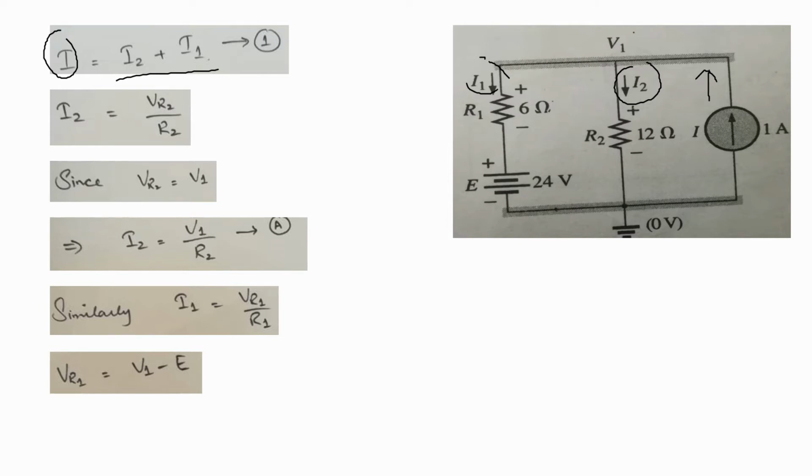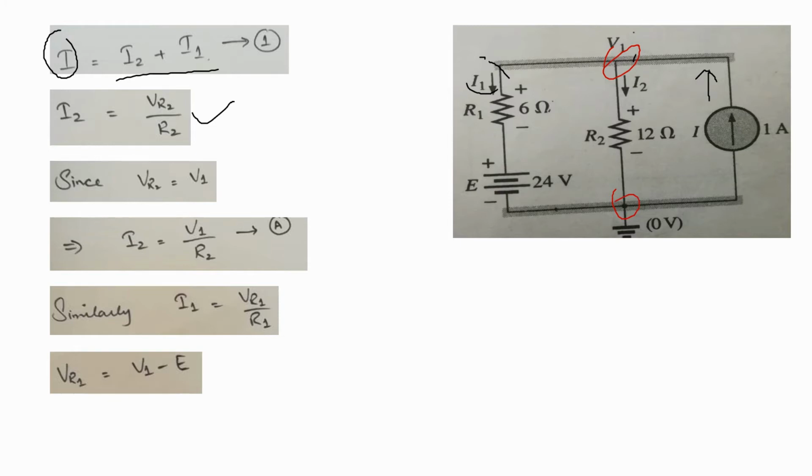From the figure, you will see that the value of I2 is equal to the voltage on resistor R2 divided by the value of R2. So we can write I2 is equal to VR2, the voltage on R2, divided by R2. But from the figure, if we apply a probe at that point and that point, what is the voltage?